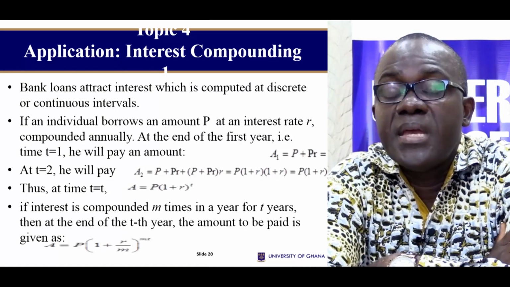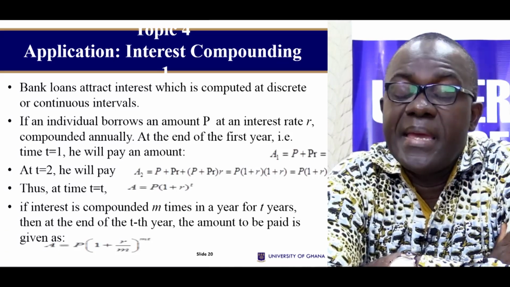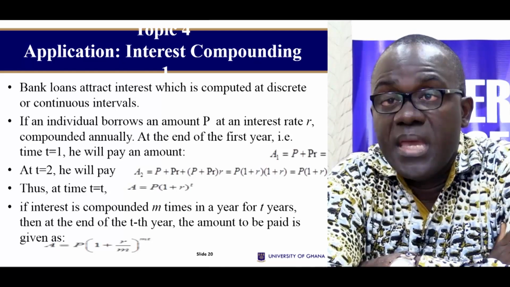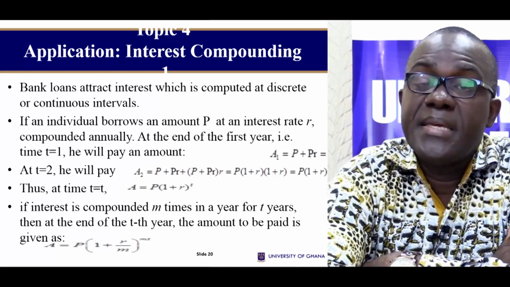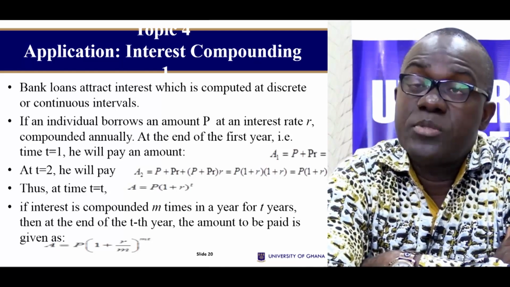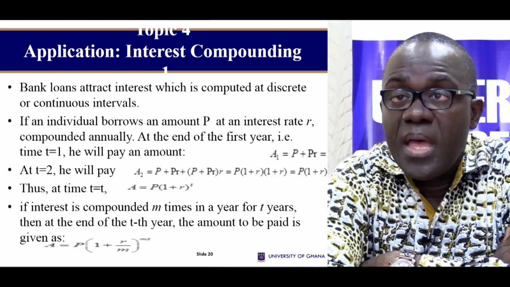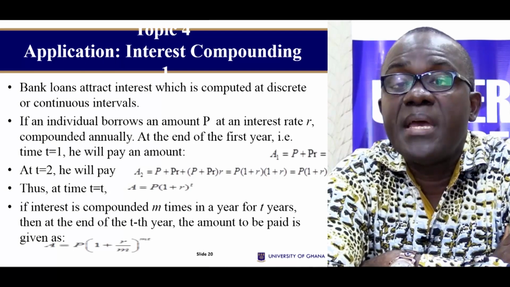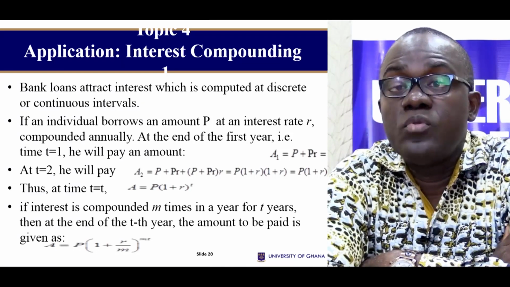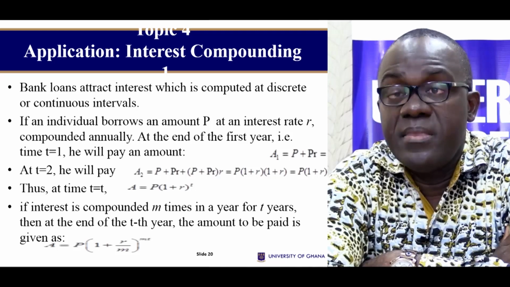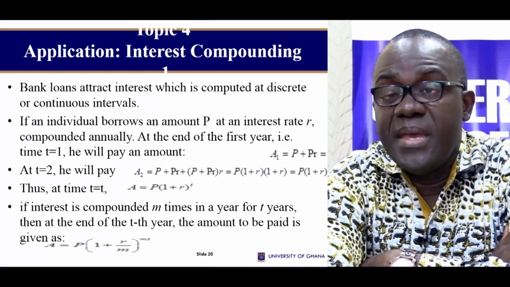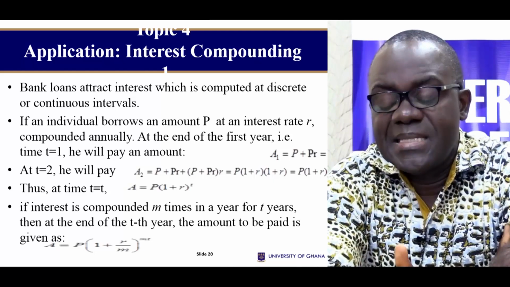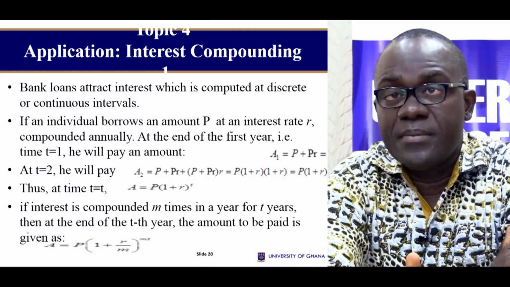So if interest is being compounded, let's say quarterly, then it means M is equal to what? 4. If interest is being compounded every 6 months, then M is going to be what? 2. And if that is the case, then this is the total amount that you may have to pay the bank if the interest is compounded based on a certain number of times in a year.